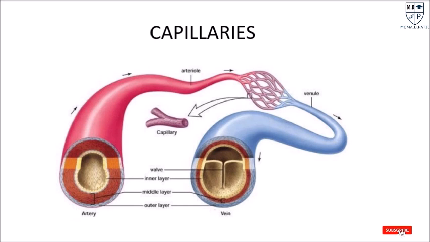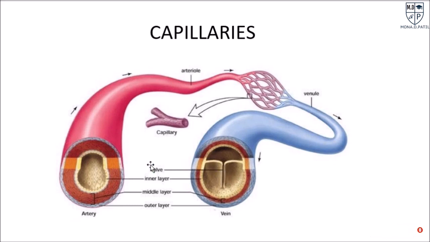Blood vessels which carry blood away from the heart are called arteries. Except the one carrying blood toward the lungs, all carry oxygenated blood. These are deeply located in the body and their walls are thick. These vessels do not have valves. You can see in the diagram, this partition is called a valve.